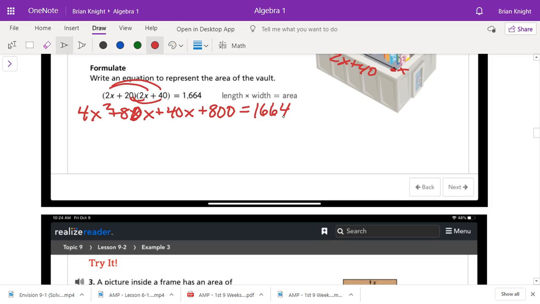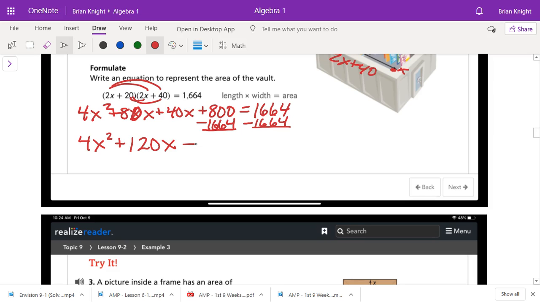What do I need it to equal before I can solve it? I just gave you the answer. 0. Okay? So I need to subtract 1664 from both sides. So I have 4x squared plus 120x minus, what is 800 minus 1664?